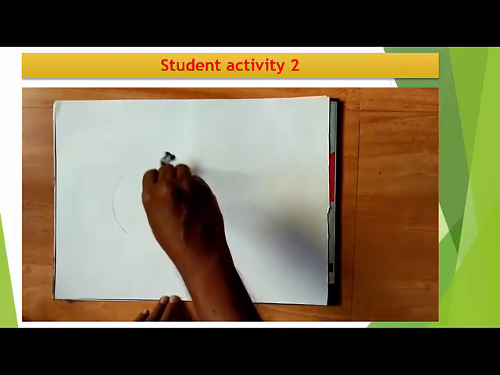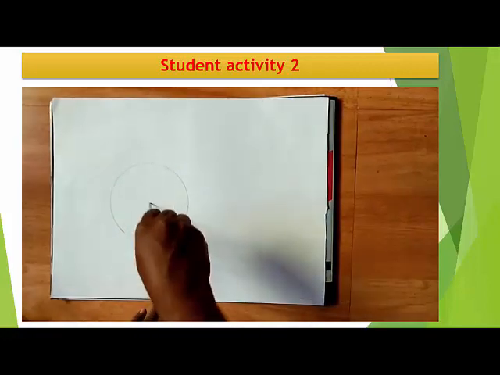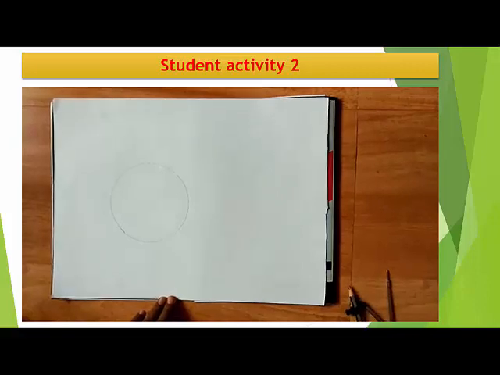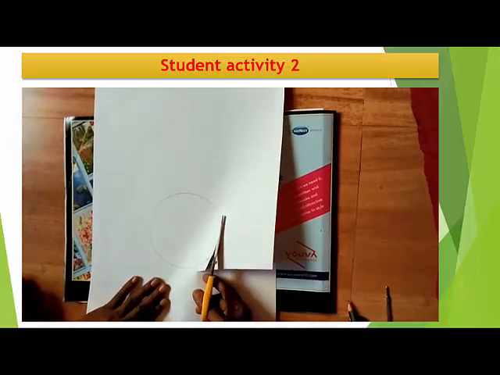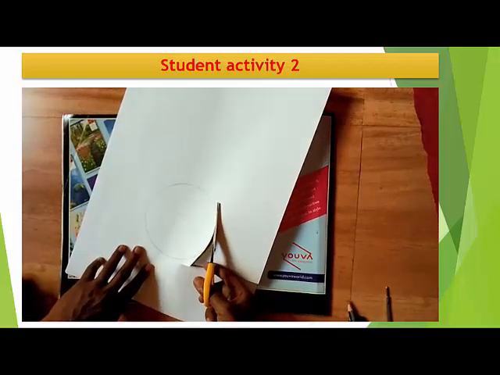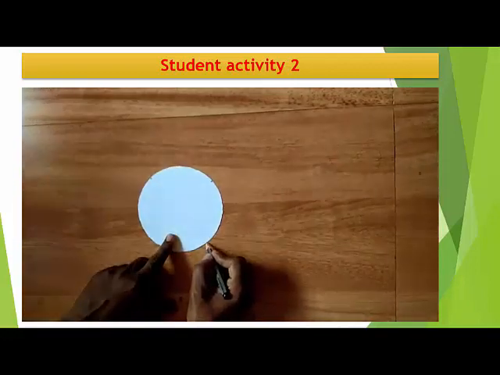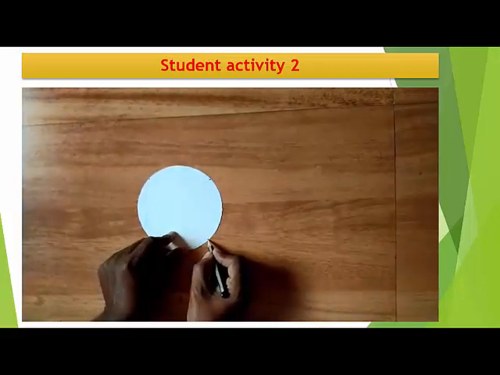Draw a circle with 4 cm radius. Cut this circle out separately with scissors and take vertices on the circle.